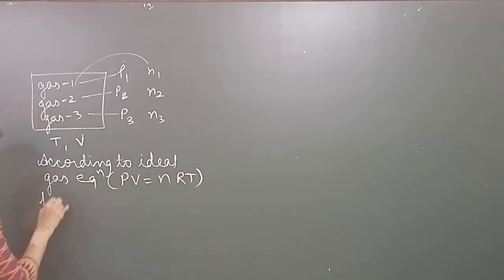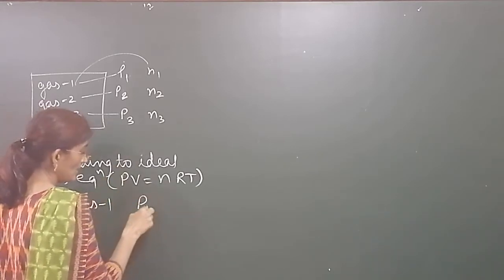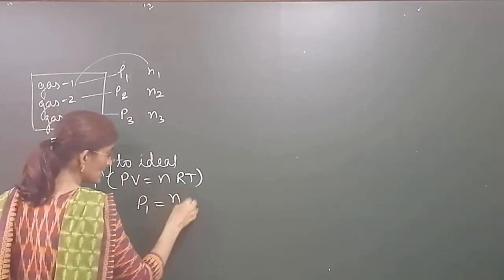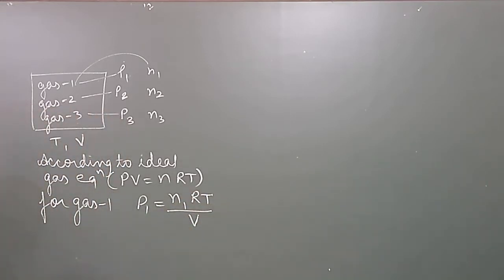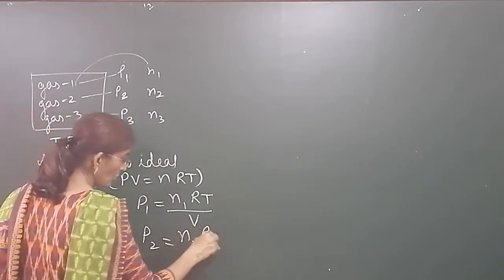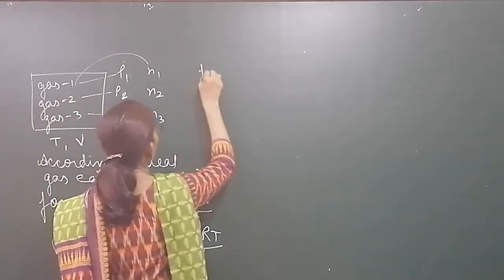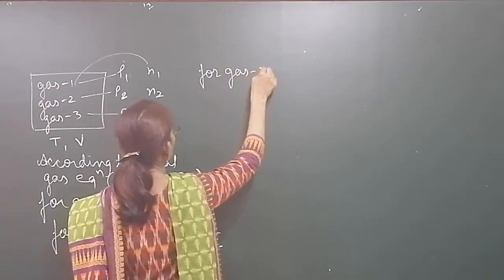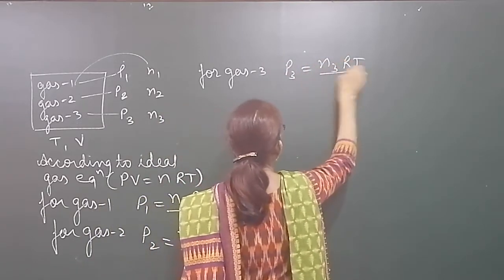For gas 1, it will become: pressure is P1, volume is constant, moles are N1, R is constant, T is constant. So the partial pressure P1 is N1 RT upon V. For gas 2, it is P2 equals N2 RT by V. For gas 3, the third gas, partial pressure P3 would be N3 RT by V.